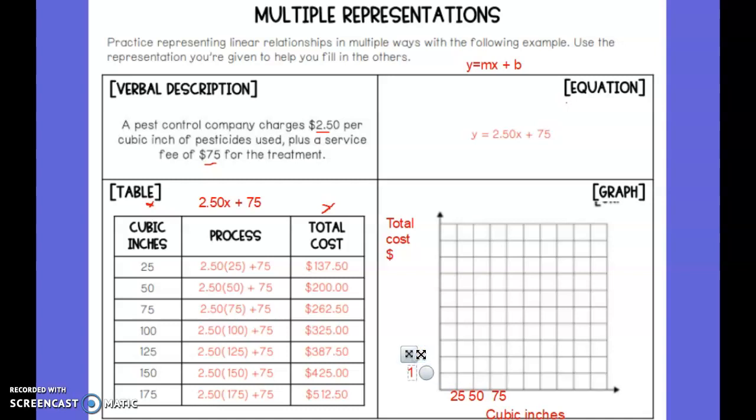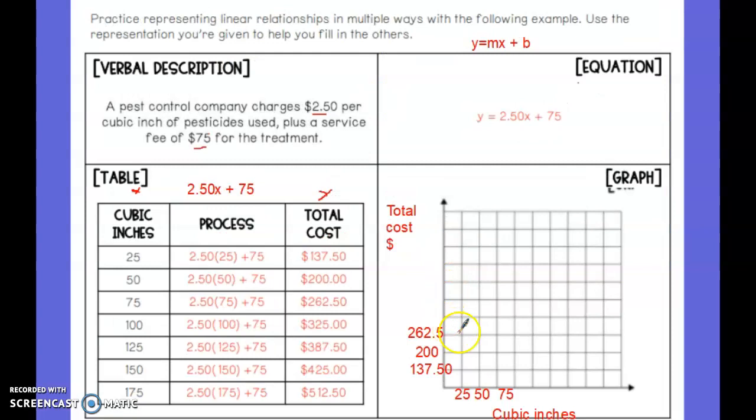That way you have them just exactly as you want them. And then you're going to place your dots in there and create your straight line.